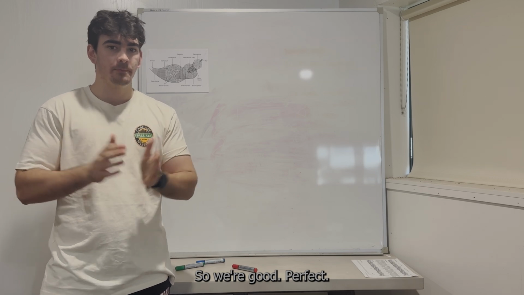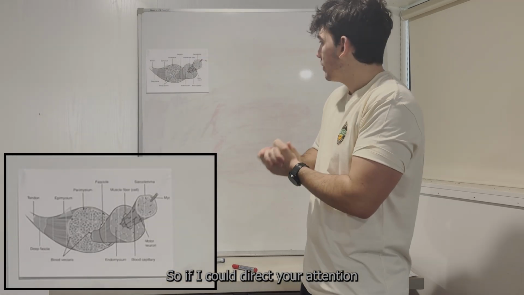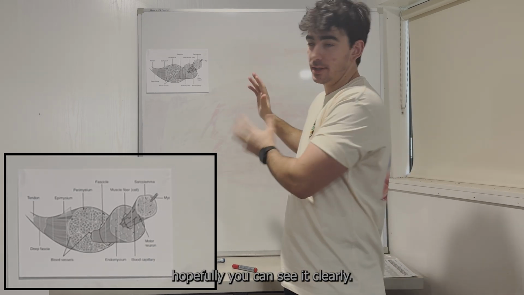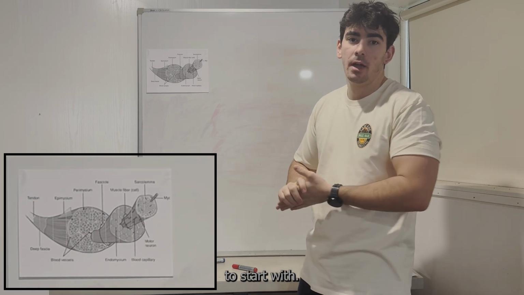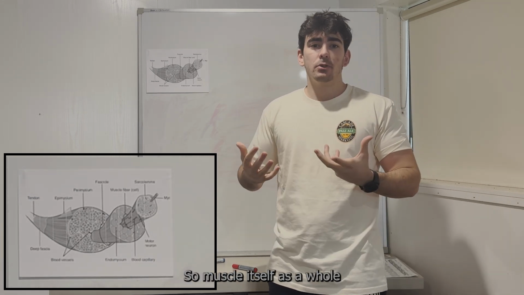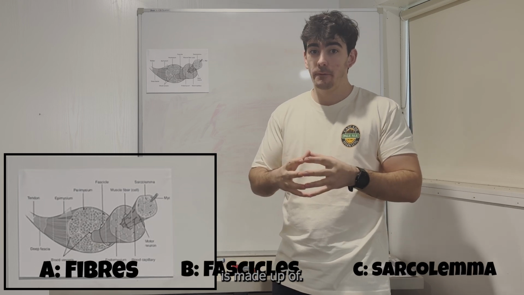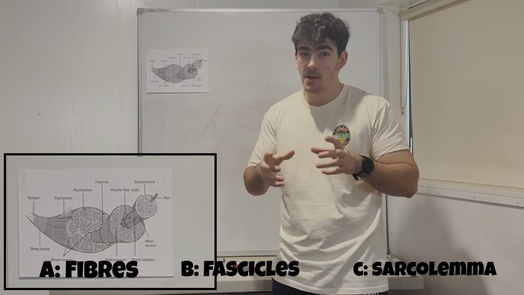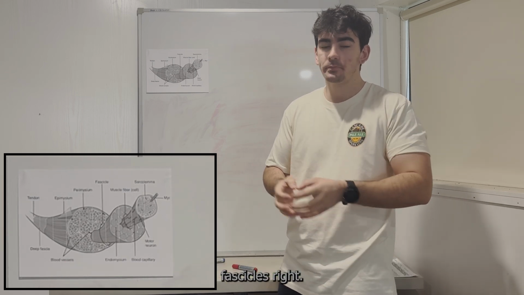So if I could direct your attention to this image on screen here, hopefully you can see it clearly. I'm going to walk you through this one to start with. So muscle itself as a whole is made up of fascicles.